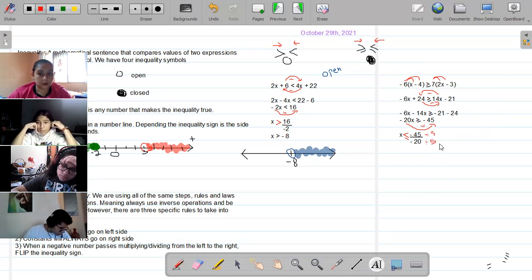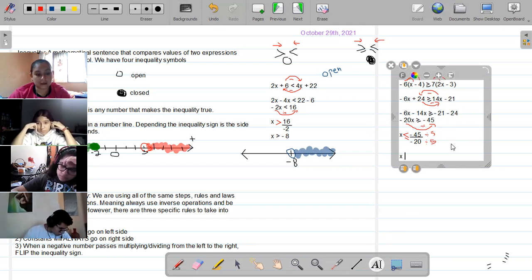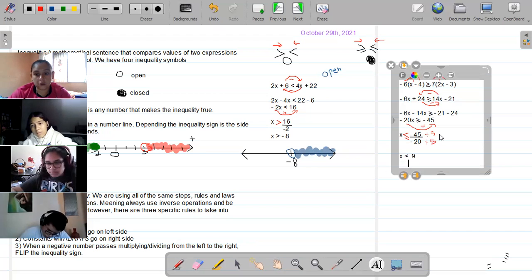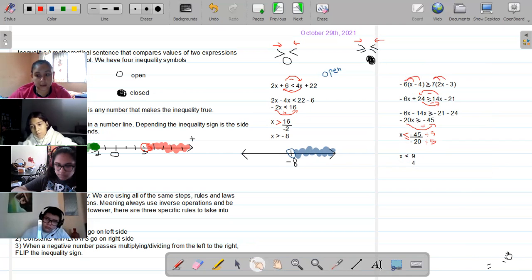So x is less than or equal to, negative times negative is positive, 45 divided by 5 is 9, over 20 divided by 5, 4. And we're going to place what we're missing: the or equal and the fraction bar.